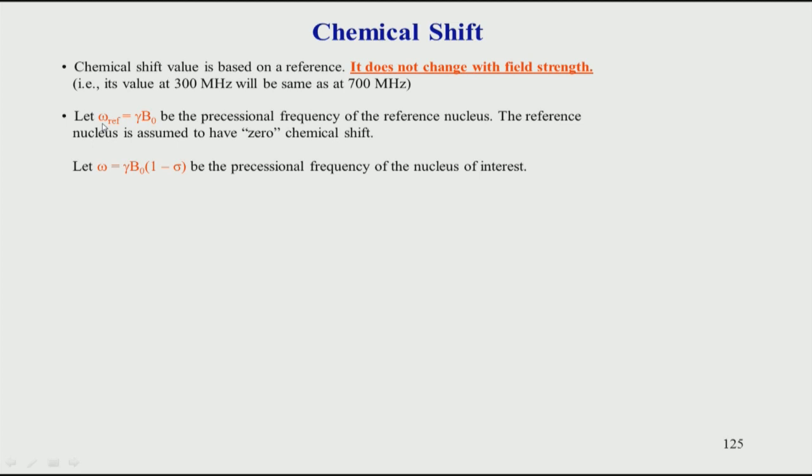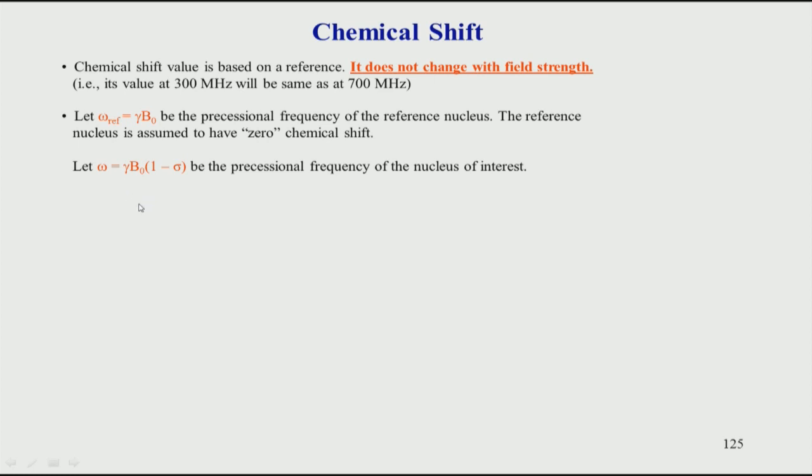In that case, the omega of that reference is gamma B0. But in reality, for the actual molecule we are looking at, the sigma we cannot consider as 0, because it has some finite sigma value with respect to the reference, and that is why the effective magnetic field around that nucleus is not gamma B0, but is reduced because of this sigma.